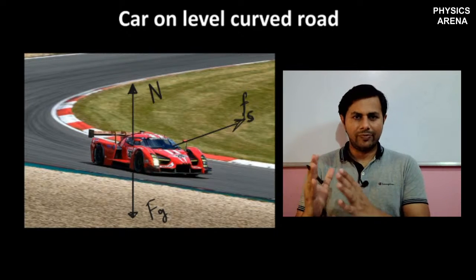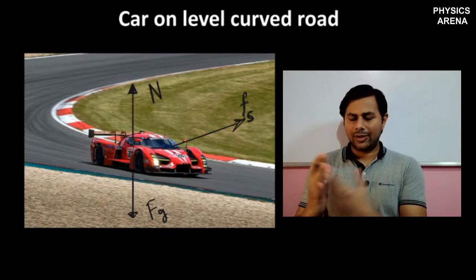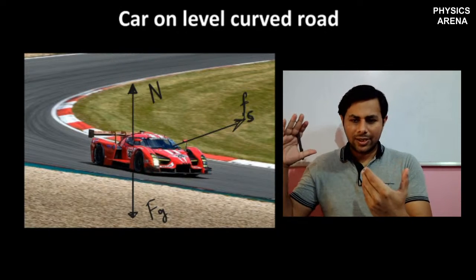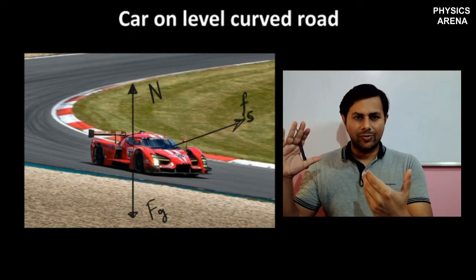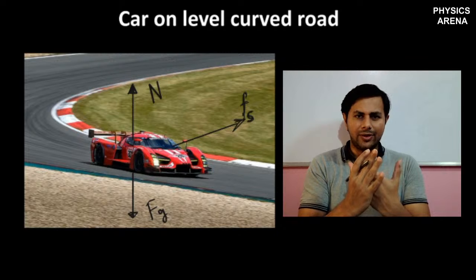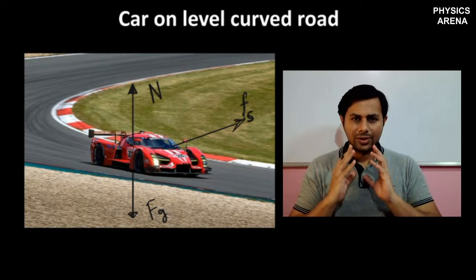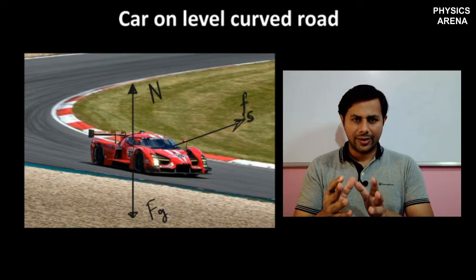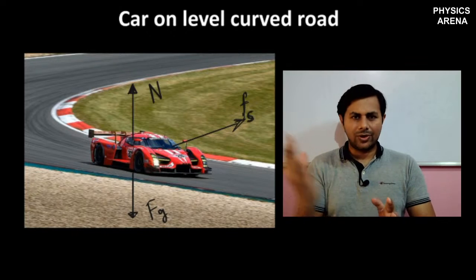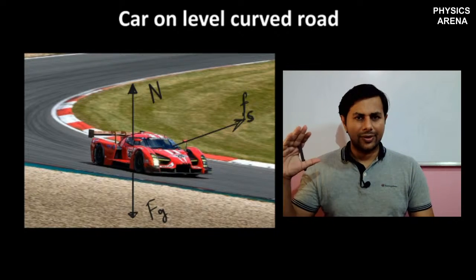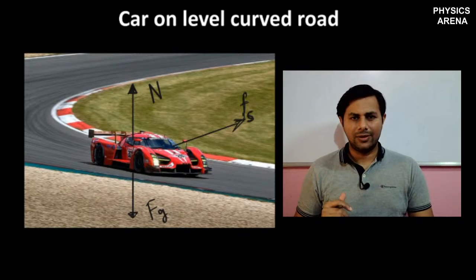Your head doesn't go and bang on the window of the car. It's the window of the car which is moving towards left. Due to your inertia you keep on moving straight, but it's the window of the car which actually moves towards left. So is this clear?